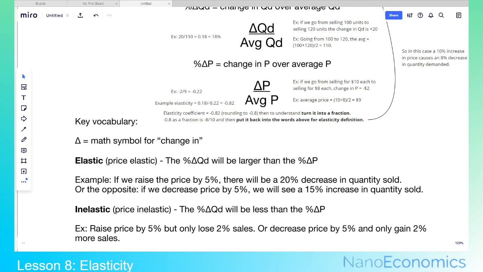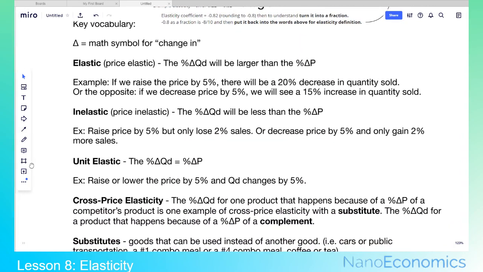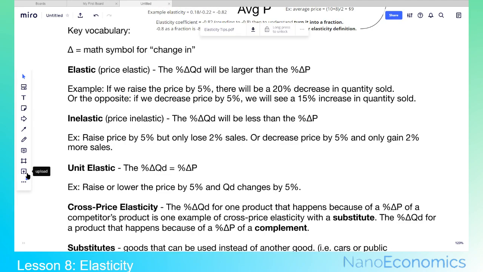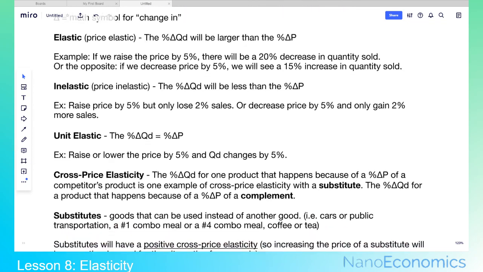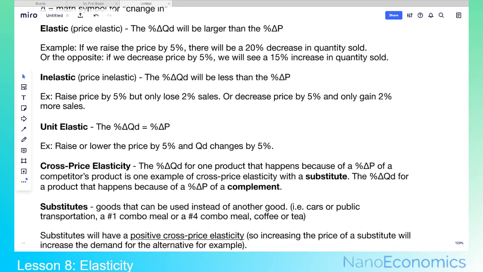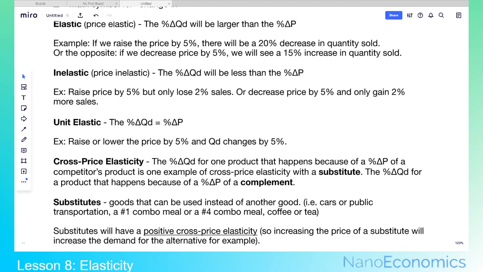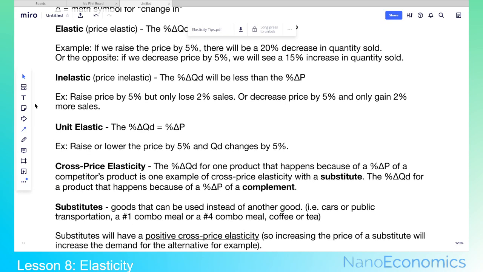So this brings us to some of our key vocabulary. And we already discussed a little bit that the delta, where the triangle, is the math symbol for change in. So if you see that, it's just kind of an easier way to start making sense of things without having to write everything out.